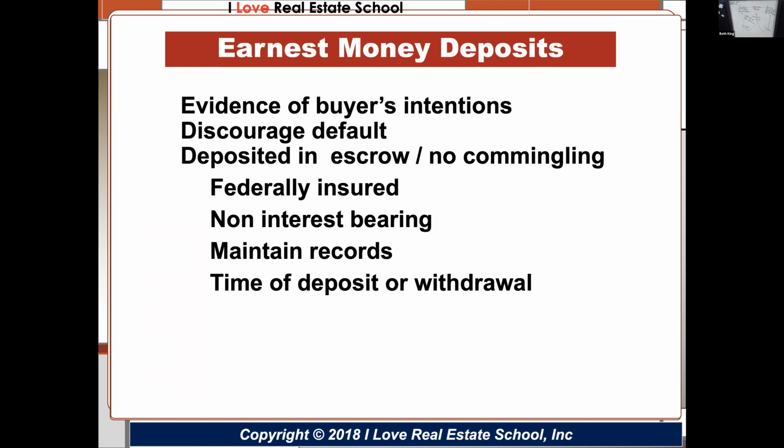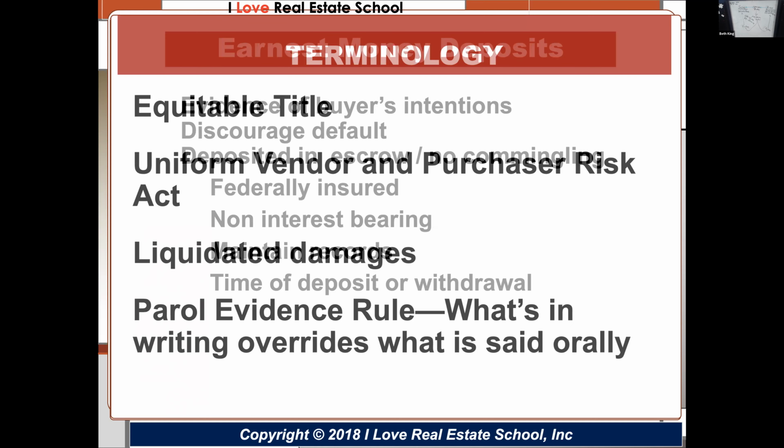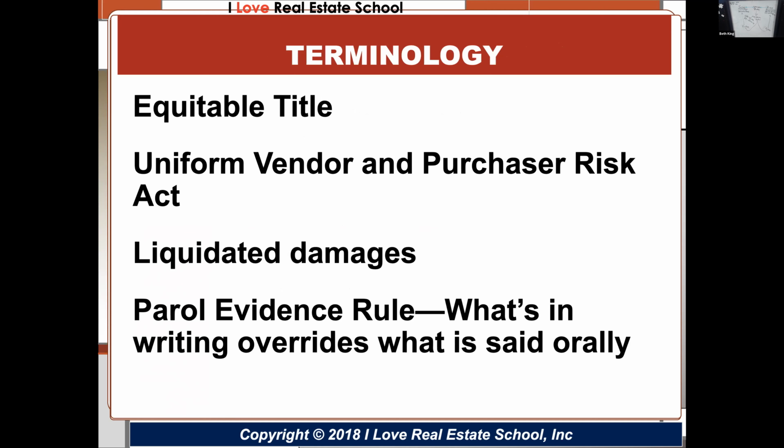So when Angie accepts your offer for the house, she accepts the money, meaning the money comes to us. She is actually giving you an equitable interest in the property. She's giving you equitable title, which basically means you own nothing. But what it means is that she can't go sell it to somebody else because she's agreed to sell it to you.